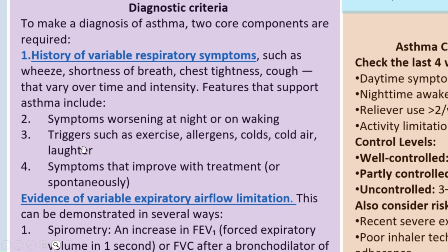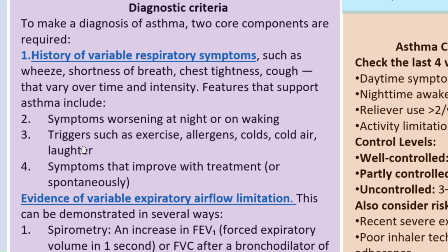So when you go to the history of variable respiratory symptoms, like wheeze, shortness of breath, chest tightness, and cough, you're going to need features that support asthma, and these are symptoms worsening at night or on waking. We're going to have a trigger.